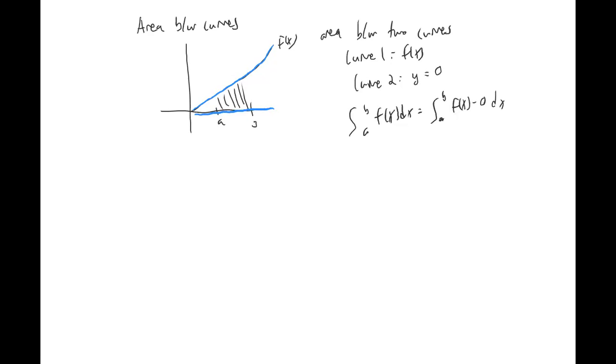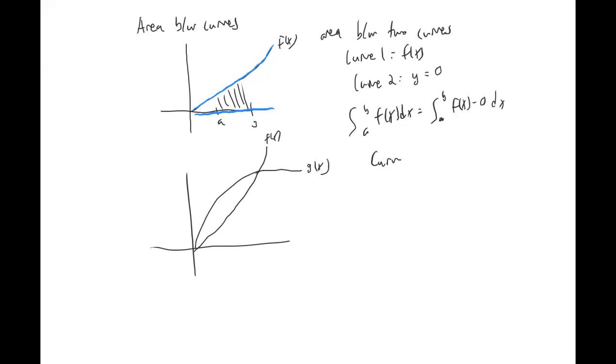You can ask, if I had two curves like this, the top one's f, the bottom one's g, then I could ask for the area between these two, where curve 1 is f of x and curve 2 is g of x.